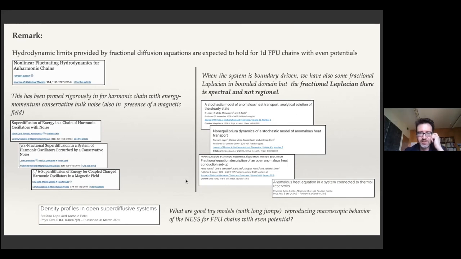And I have to mention an interesting paper by Stefano Lepri and Antonio Politi, which we were considering a few years ago. They wanted to describe what are the hydrostatic temperature profiles that you observe in the NESS of some FPU chains in contact with some reservoirs.